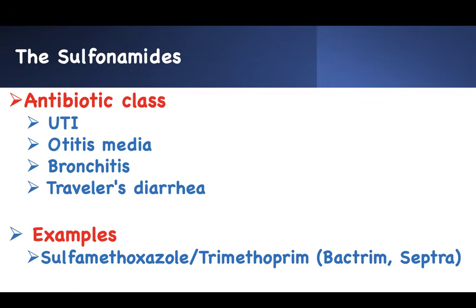Sulfonamide are a class of antibiotic that contains sulfur drugs. So one of those examples is sulfamethoxazole trimethoprim. The other one is sulfamethoxazole. It's not important. The first one is the most important. If the NCLEX is going to ask you, it is the sulfamethoxazole trimethoprim. That's the one they're going to ask you.